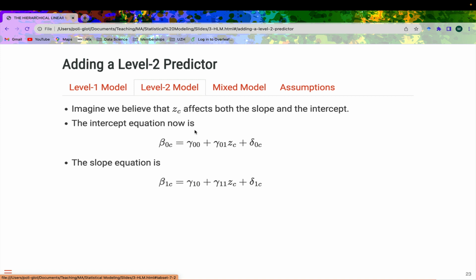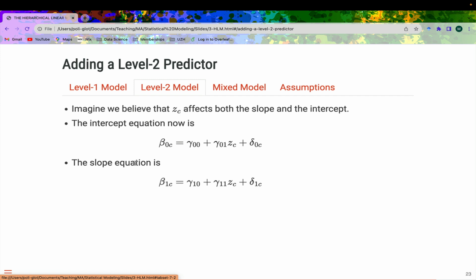If we believe, and we'll do that for now, that we have a predictor Z sub C, in this case the percentage of immigrants in the country, and we assume that it affects both the slope and the intercept, then we can rewrite the intercept equation as beta 0 C equals gamma 0 0 plus gamma 0 1 ZC plus delta 0 C. So some of the variation in the intercept is due to this variable ZC, and then there is some unexplained bit that will enter delta 0 C.